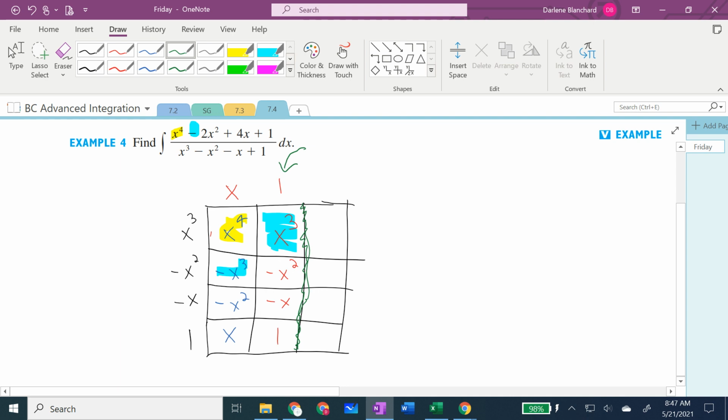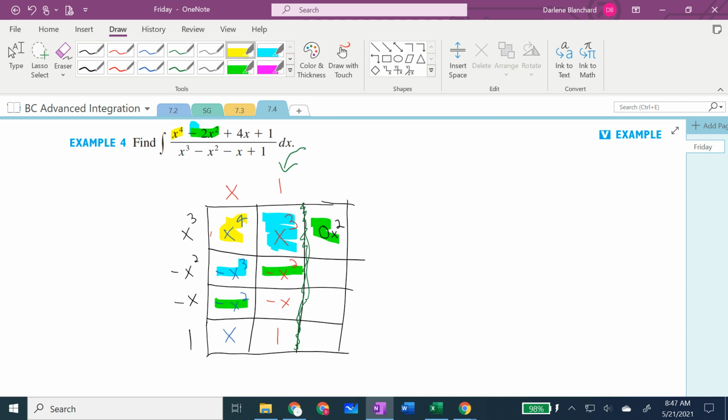So we need to now figure out what is going to make the remainder. This next group of diagonals needs to add up to make negative 2x squared. We already have that, so we don't have a remainder with our x squareds. We don't need any more. I'm just going to write that down.